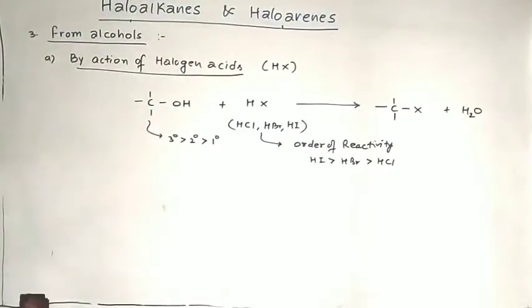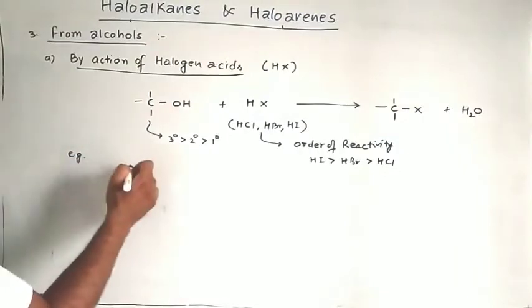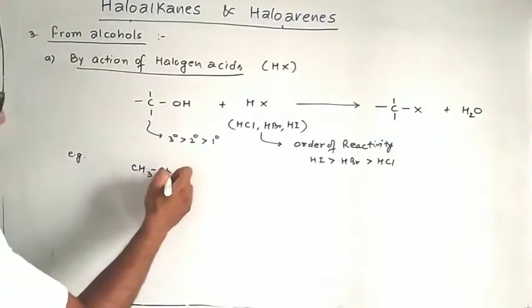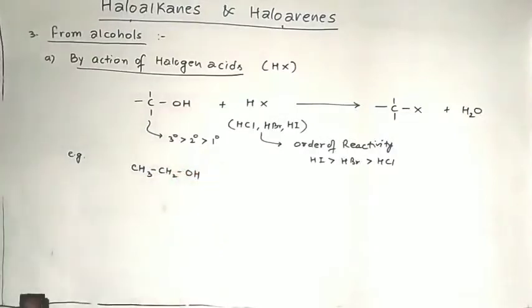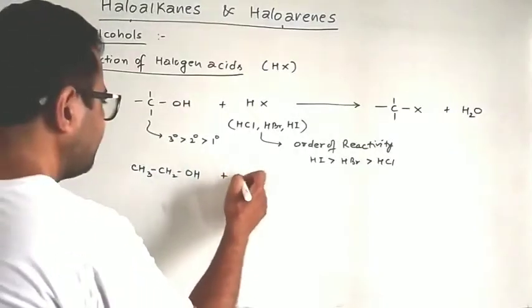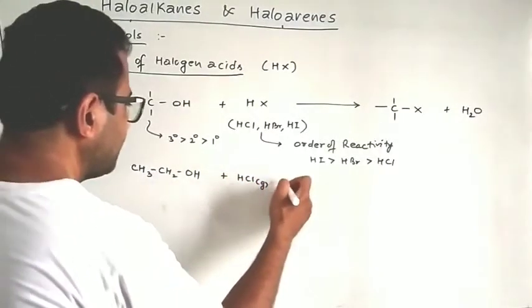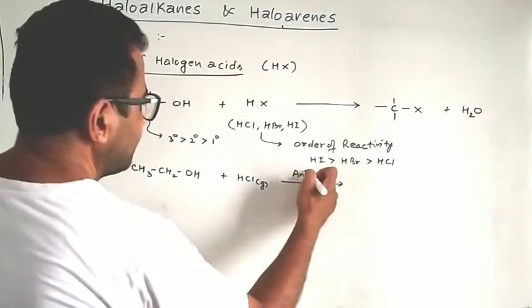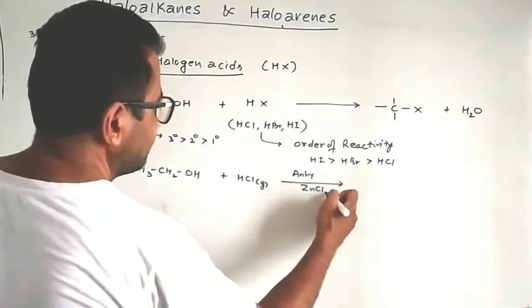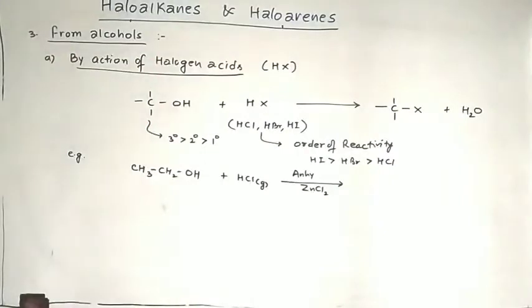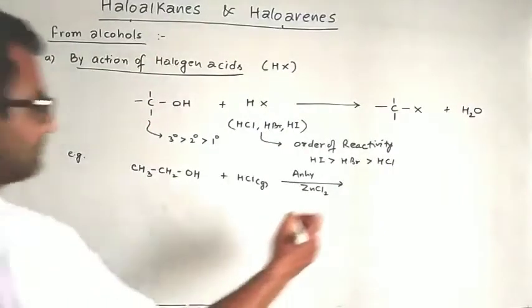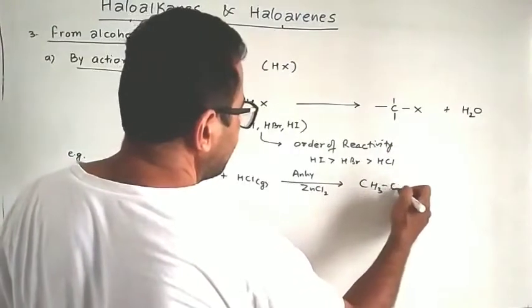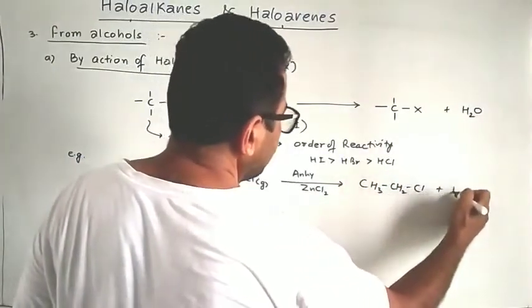So some examples are, like first example is, suppose we have ethanol CH3CH2OH and we are adding HCl gaseous state in the presence of anhydrous zinc chloride to form CH3CH2Cl and water.